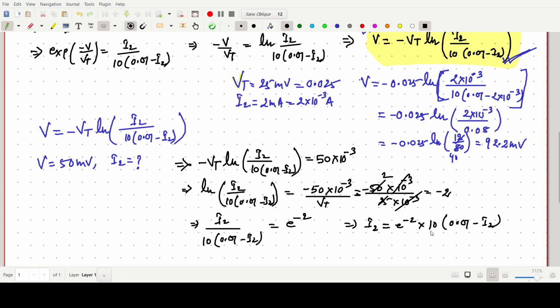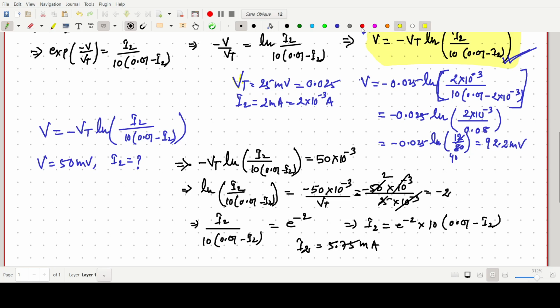Okay, I2 equals this one. So if we solve this one, I have already calculated. It will come around, I2 value will be 5.75 milliampere.